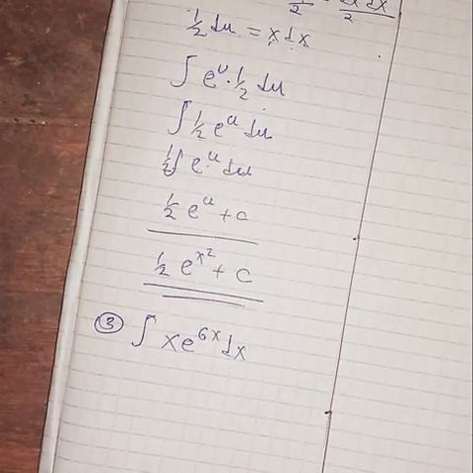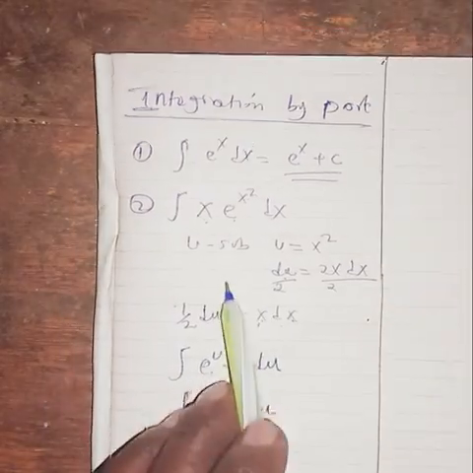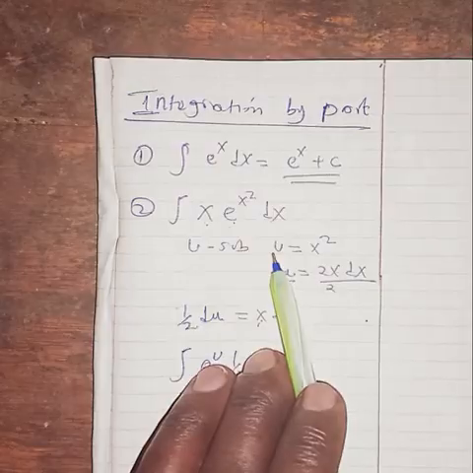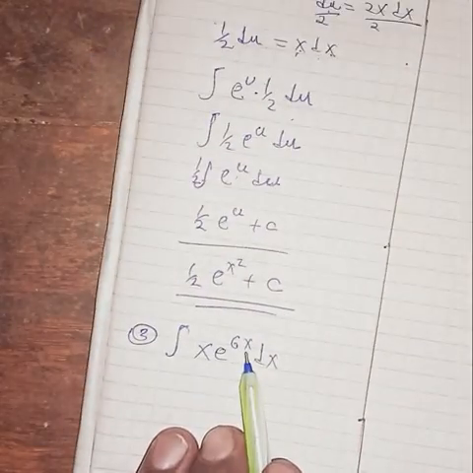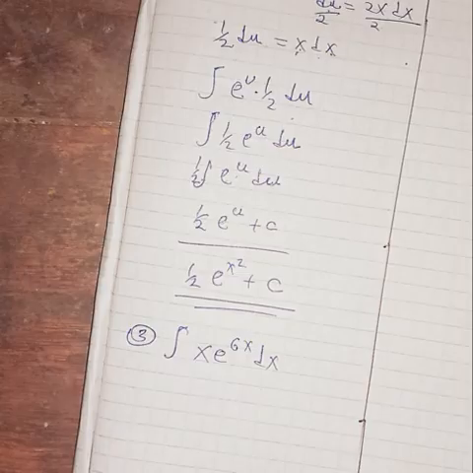Look at it. It's just slightly different from the other one. That one had x squared, which is why we used u substitution. But here it doesn't have x squared. So we use the normal formula of integration by parts.